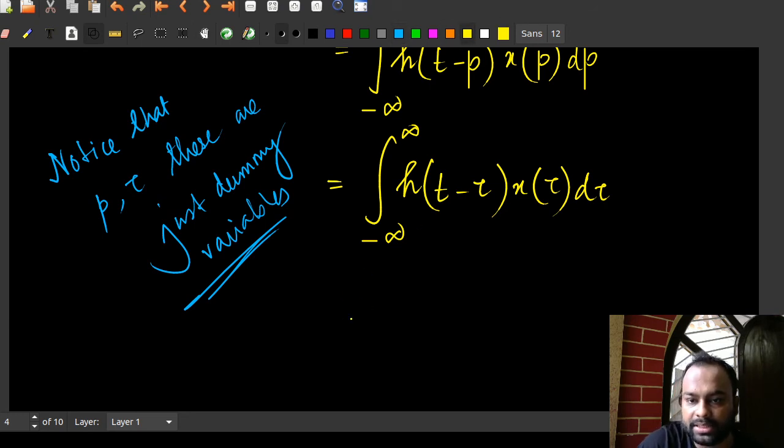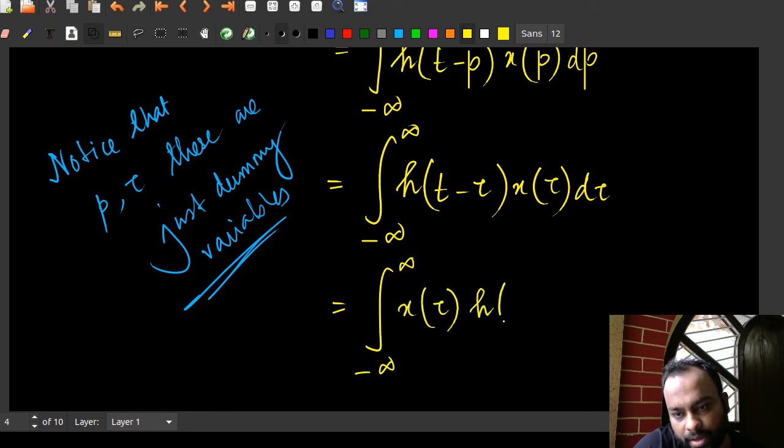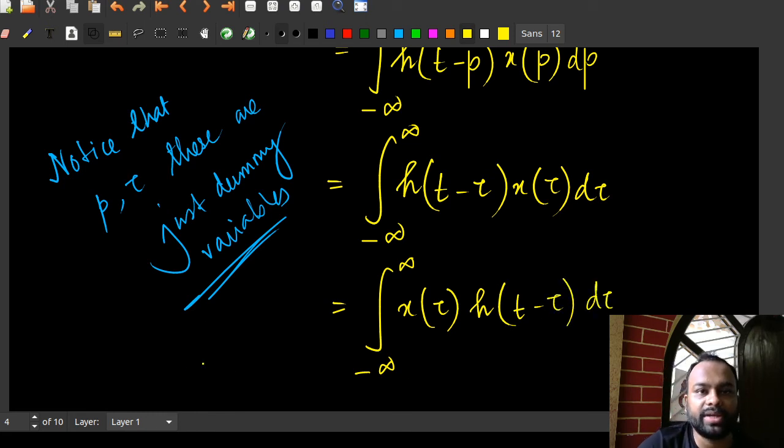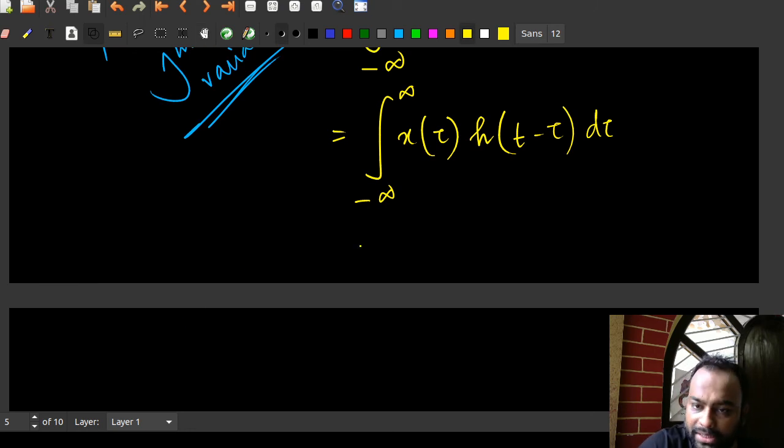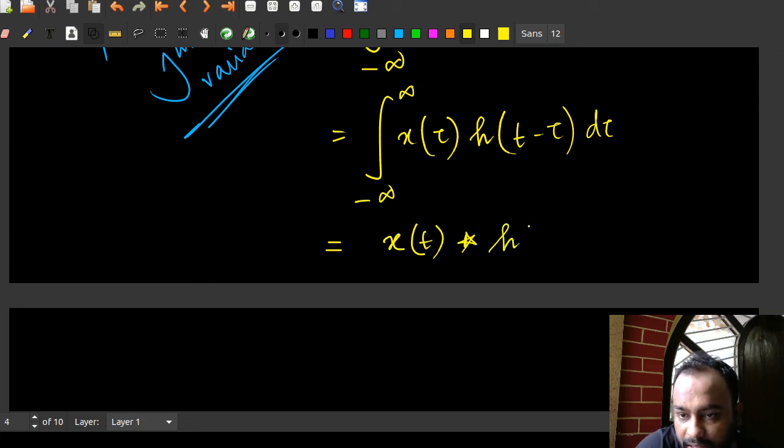If I just rearrange things, look carefully, what does this one look like? This is what it looks like. But what is this? This is xt convolved with ht.